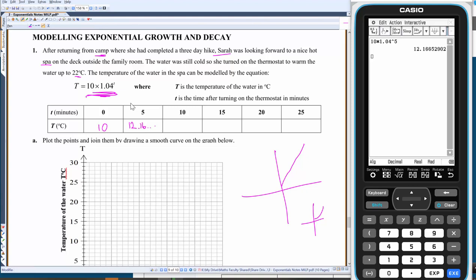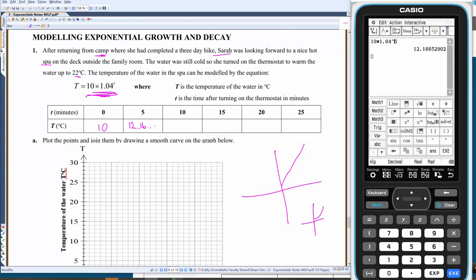Because it doesn't say rounding, I'm just going to dot it. I'm just going to change this to a 10. So that should be 14.80 degrees. So you can see here the temperature is gradually rising.